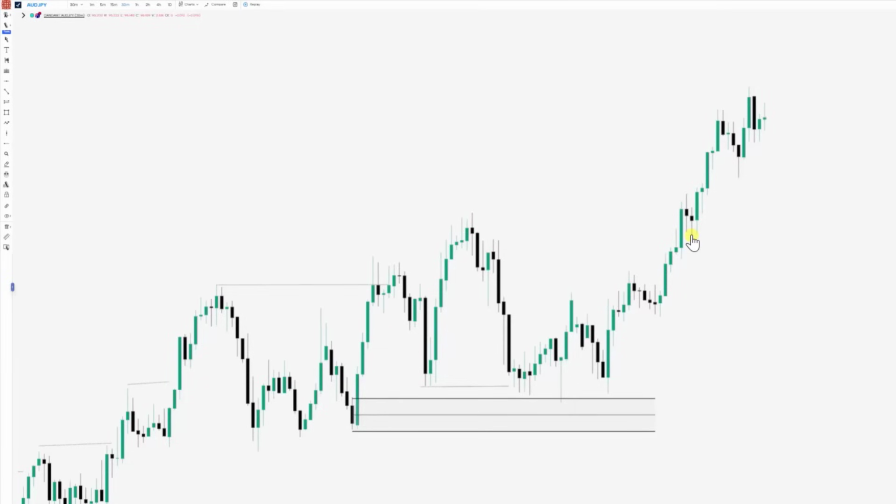I already had the setups I have on my watch list, so I wasn't paying attention to what price was doing on this lower time frame, but these are valid trade opportunities. If I actually took this trade, believe me, you know how I do it. I will definitely show you what it looks like in our community when I share the trade opportunity. But anyways, this is a good one, and I believe you've been able to understand the easiest way to trade smart money concepts, making it work in your favor.